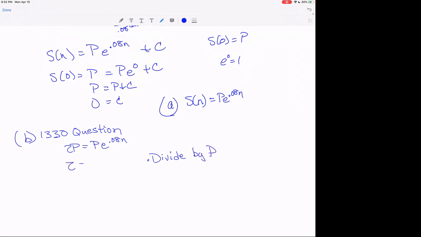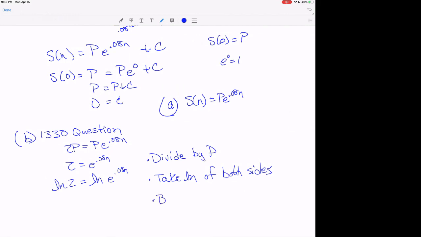So we get 2 equals e to the 0.08 n. Take the natural log. Take ln of both sides. So ln of 2 equals ln of e to the 0.08 n.